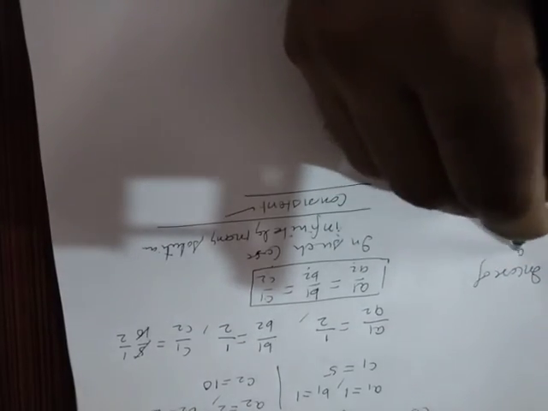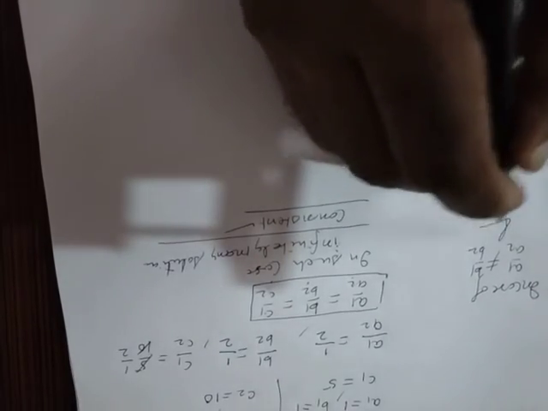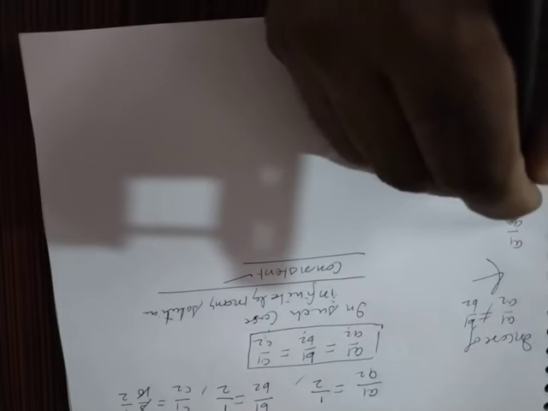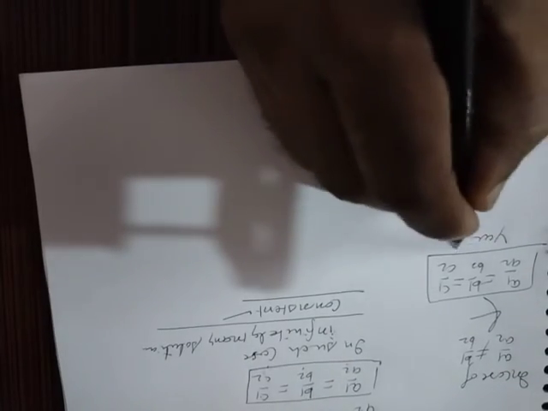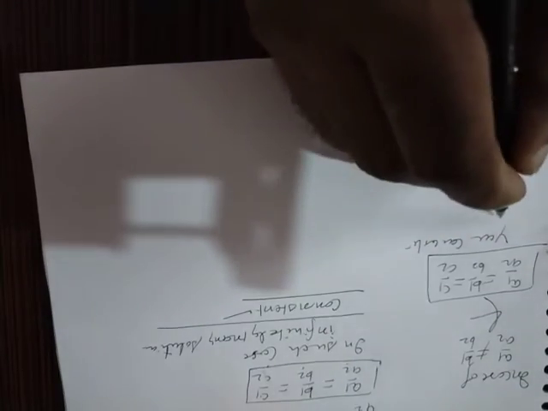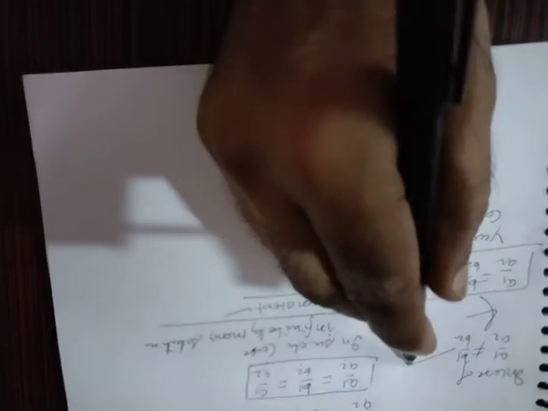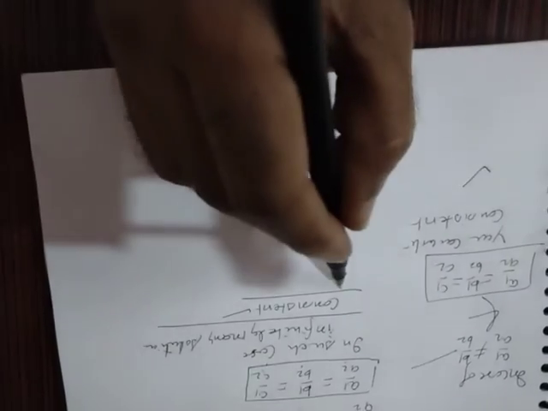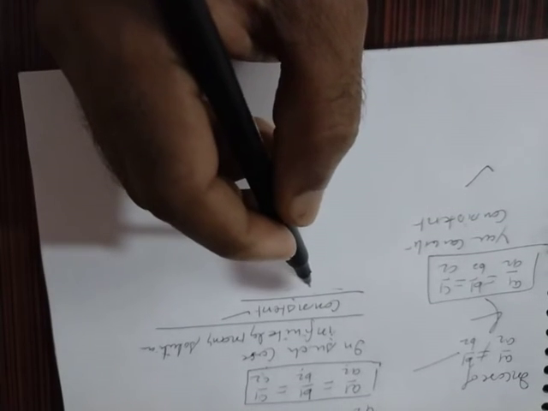In case of a1 upon a2 not equal to b1 upon b2, and a1 upon a2 equal to b1 upon b2 is equal to c1 upon c2, you can write consistent. In this case unique solution, and in this case infinitely many solutions. In both cases the linear equations are consistent. Okay, if consistent, obtain the solution graphically.